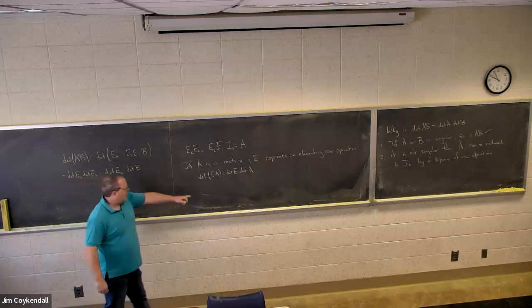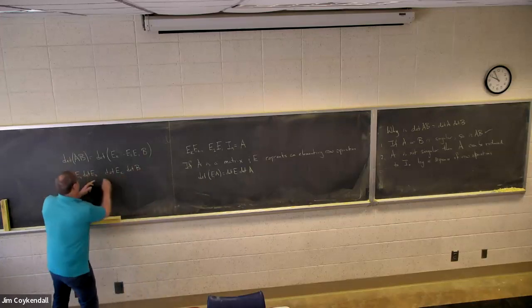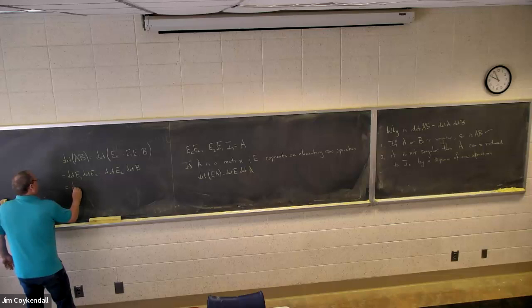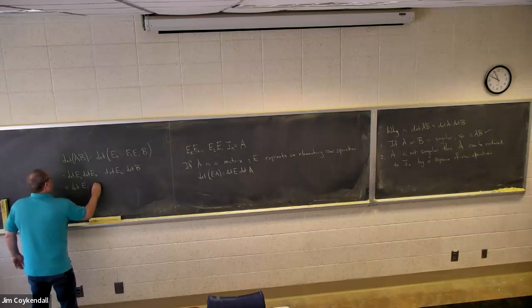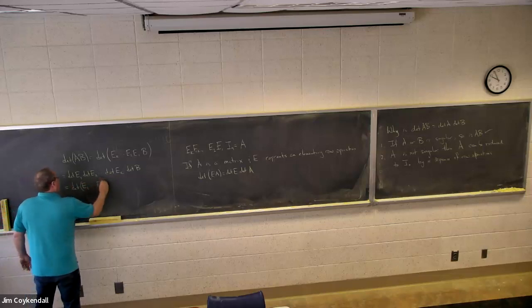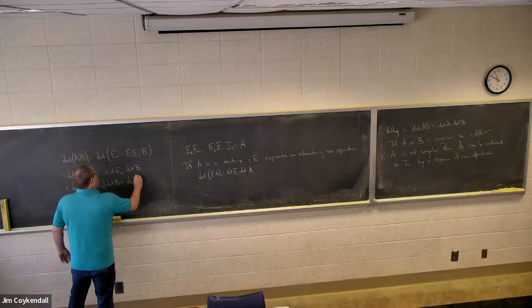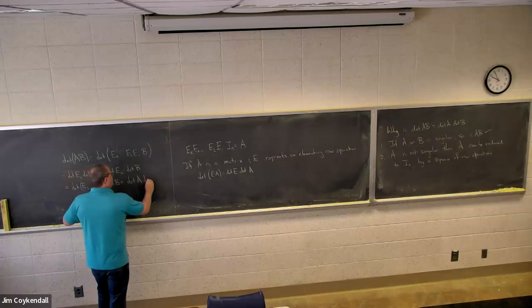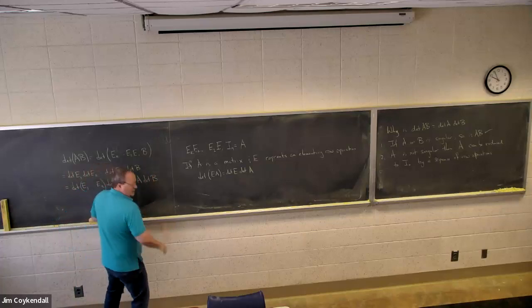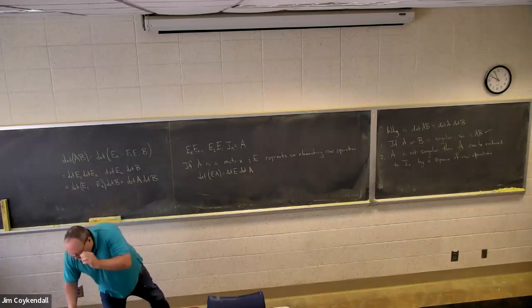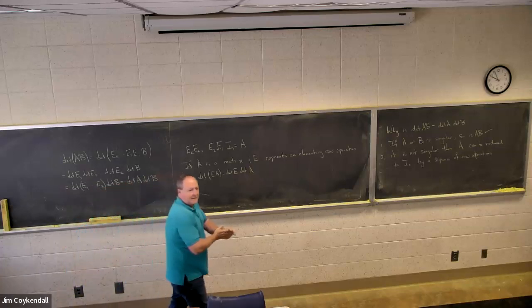By this operation again, I can put all the E's back together. So I get the determinant of A times the determinant of B, and that's it. Any questions on that?